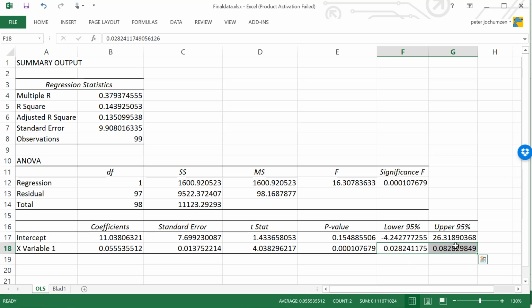So this would be the 95% confidence interval of beta 2. Again, you can just double check this number here in cell F18 is just the coefficient minus this one, standard error, times the critical value, which is not printed in this output, but which you can find easily, and the upper one similarly with the plus sign.